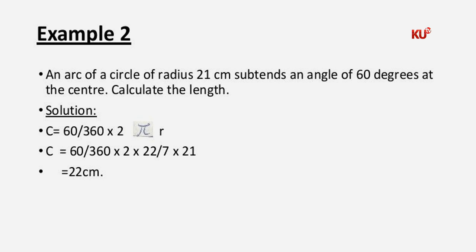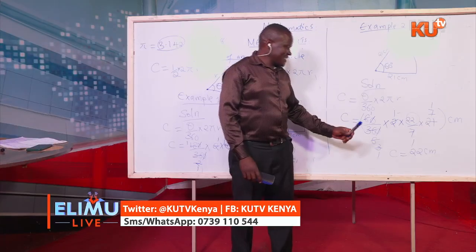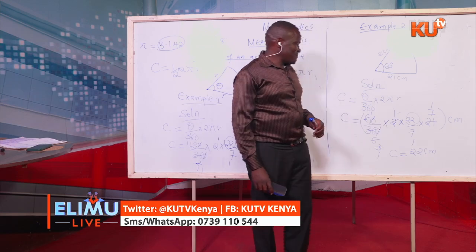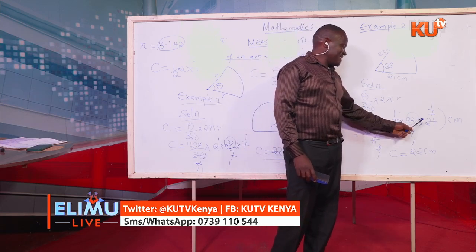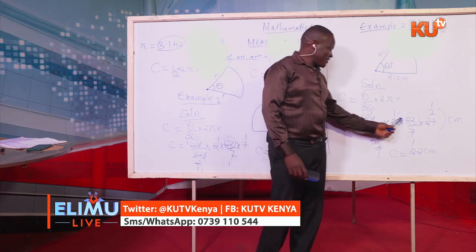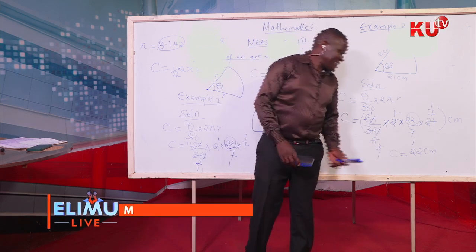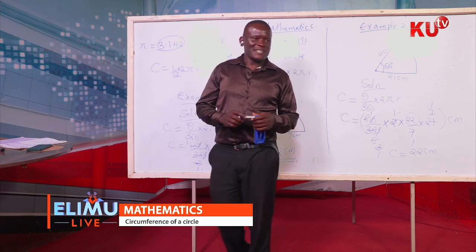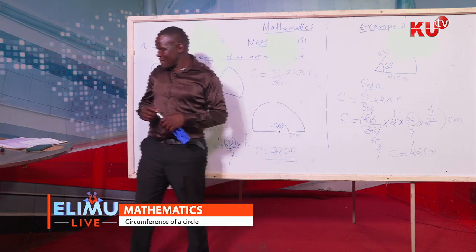We said the formula for finding the circumference of this arc is theta over 360 times 2 pi r, where theta is 60 over 360 times 2, then times 22/7, and times 21, which is our radius. When we work out all this, we get 22 centimeters as the circumference.